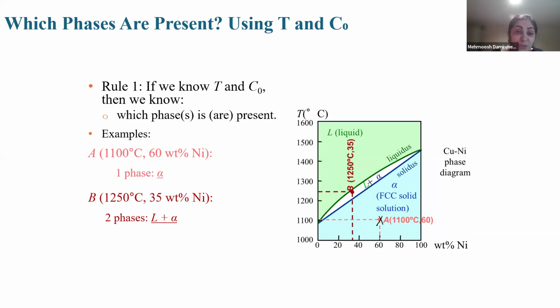But for point B at 1250 and 35 weight percent nickel, we reach point B, and B is in the liquid plus alpha region, meaning we have two phases simultaneously at point B, liquid and solid alpha.